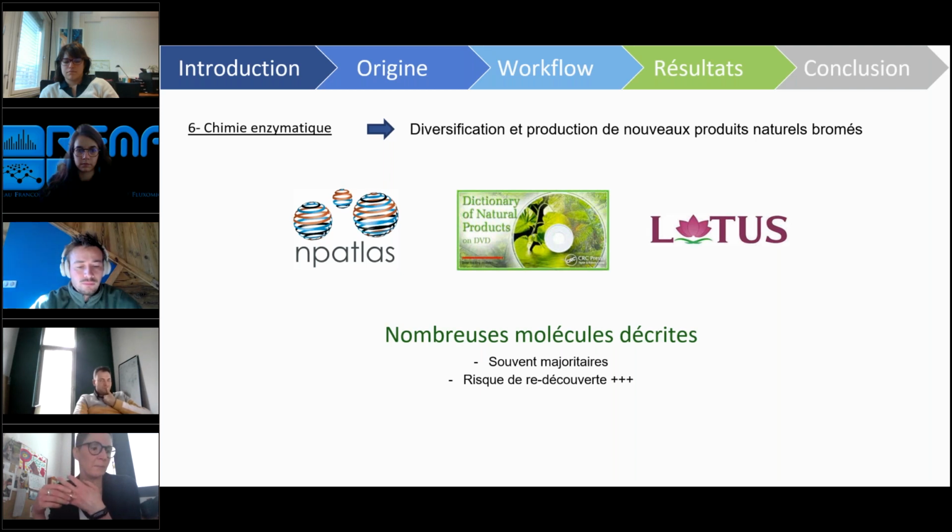Many are the major compounds you can find from the organisms being studied, and the risk to rediscover the same molecule becomes quite high. The more is known, the more the risk of re-isolating known compounds increases.